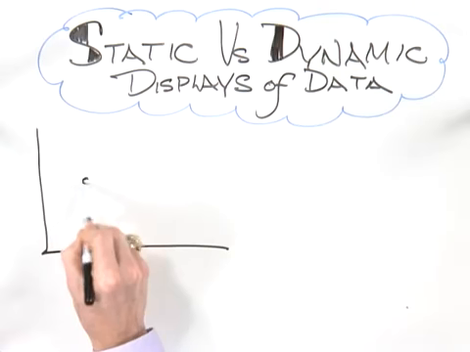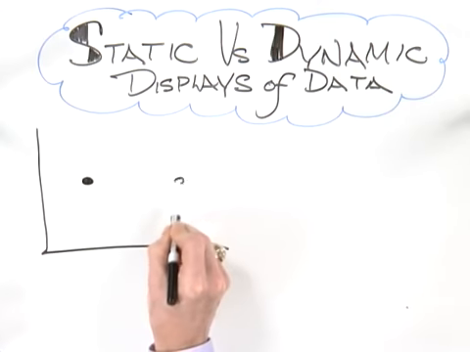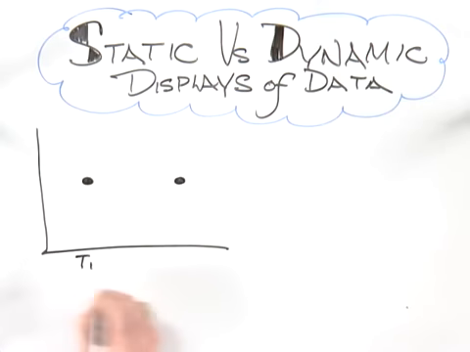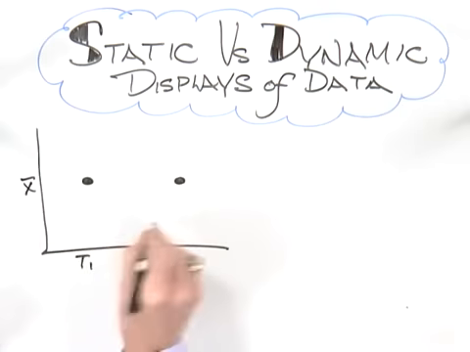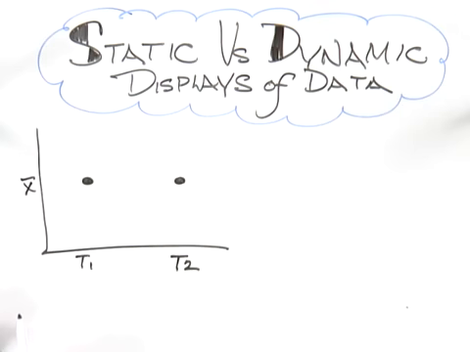For example, let's say that you had two time periods, time 1 and time 2, and you had an average of something at time 1 and time 2. Doesn't really matter at this point. What do you conclude if I showed you in a meeting these two dots? You'd conclude that basically time 1 was the same as time 2.